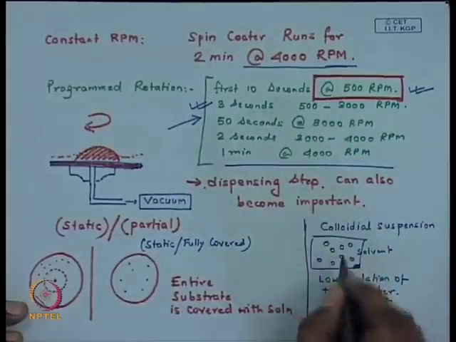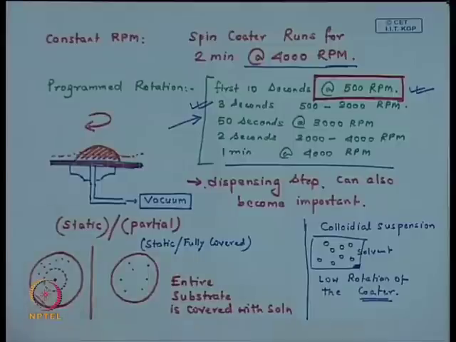You may want to remember, you can find this in some journal papers, but I tell it from my own experience, that if you are trying to coat a substrate with a colloidal solution, it is always preferred that you dispense the initial drop on a substrate that is undergoing rotation at a very low RPM.